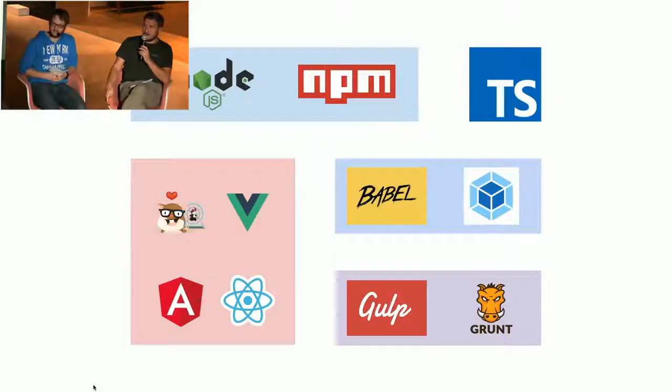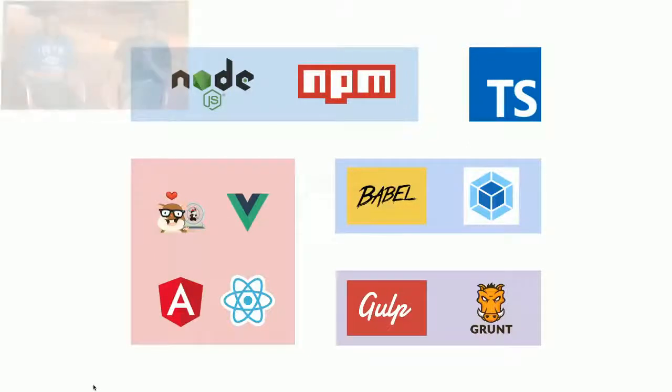We're going to talk about some front-end frameworks, on the bottom left: Vue.js, React, Angular, and Ember. We're also going to talk about build tools like Babel and Webpack, a compiled JavaScript language, which is TypeScript, and last but not least, Gulp and Grunt as task runners and build tools. We're going to go into detail on what those things mean on every slide.